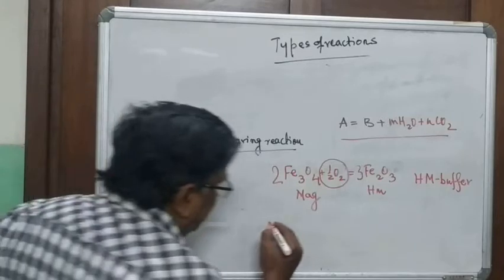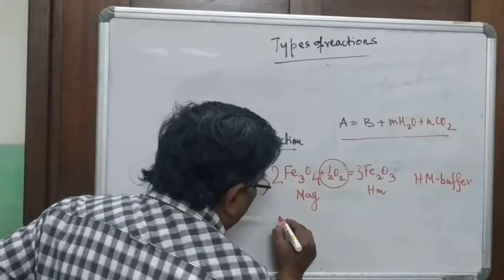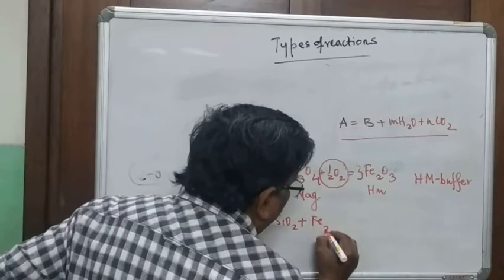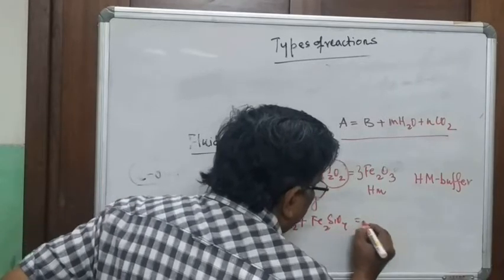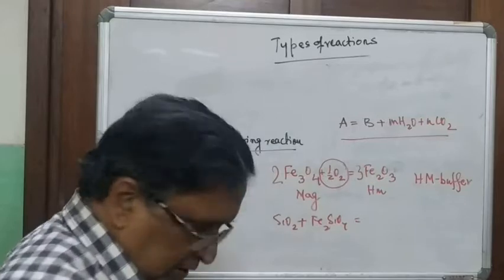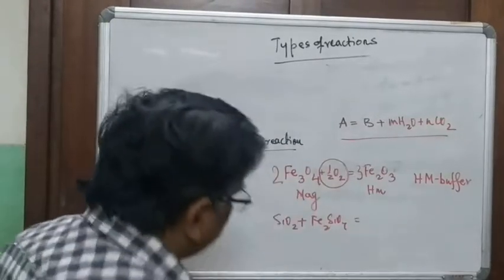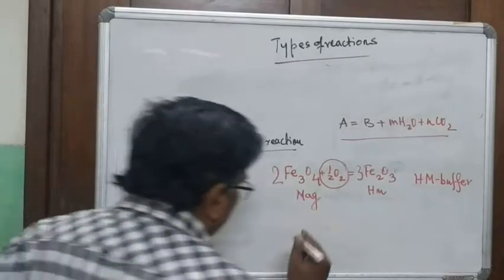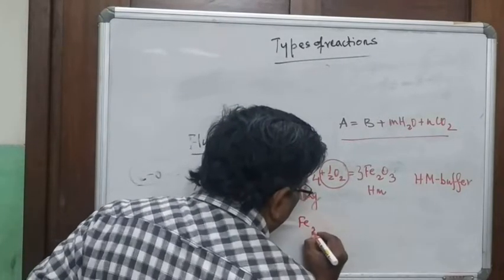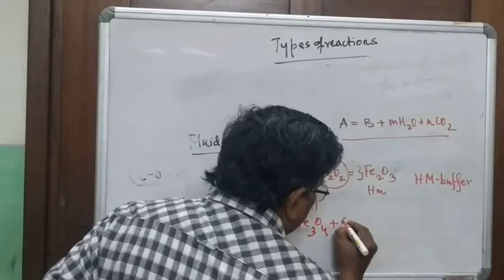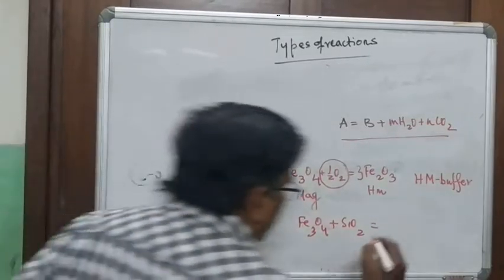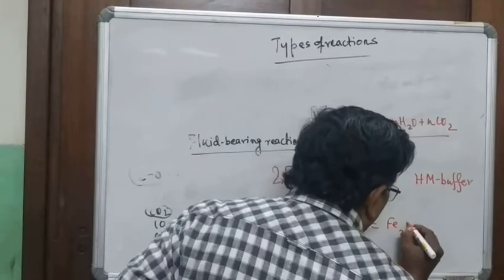Then, for example, you can write a reaction like Fe3O4 plus SiO2 is equal to Fe2SiO4.